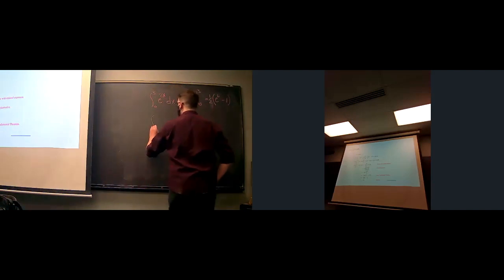Now, in the second example, we had the integral from 1 to 2 of 1 over x dx. This is going to come out to be the ln of x, evaluated from 1 to 2.